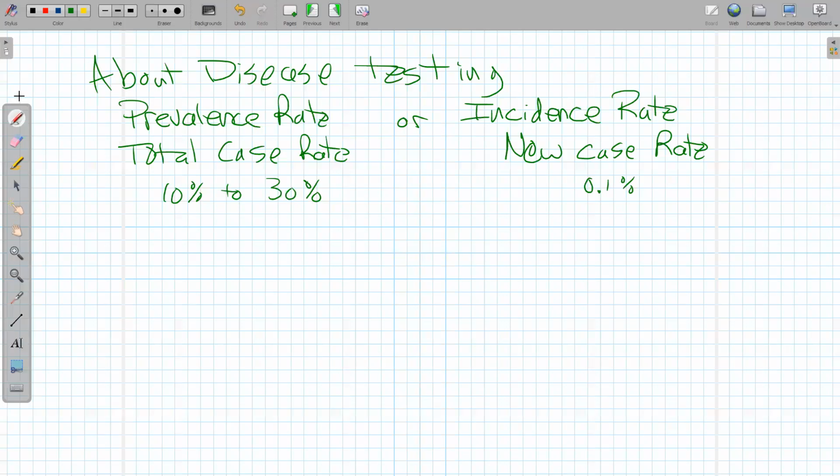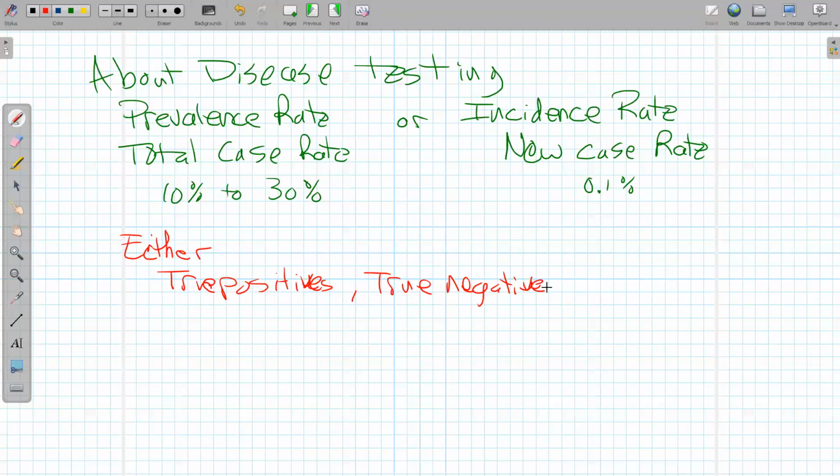And then other things we need, either some combination, either a number of true positives, true negatives, false positives, false negatives. In order to answer all possible questions about testing, we need at least 2 of these.